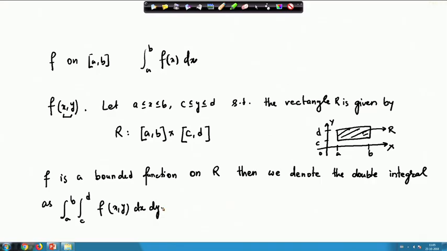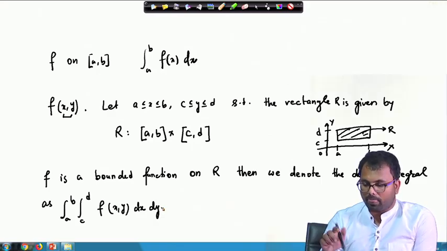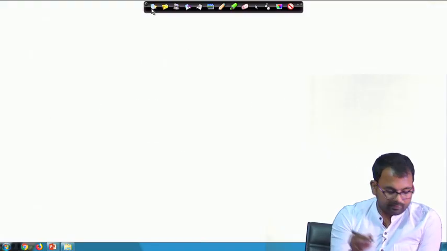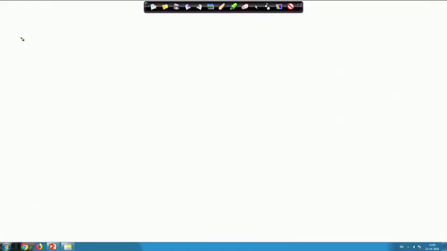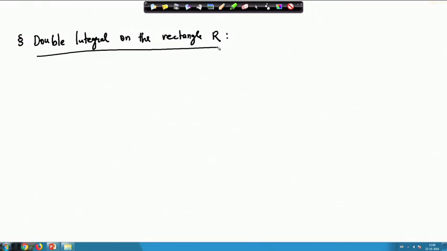So, let us give a formal definition for this double integral. For the time being, we will perform the double integral on the rectangle only, on the rectangle R, and R is our [a, b] × [c, d].